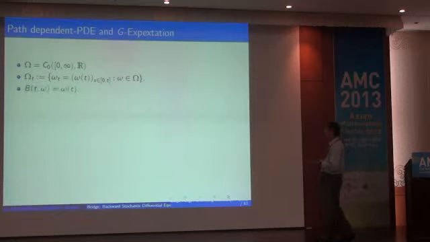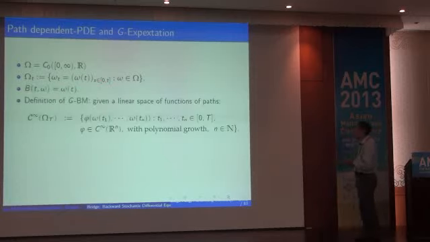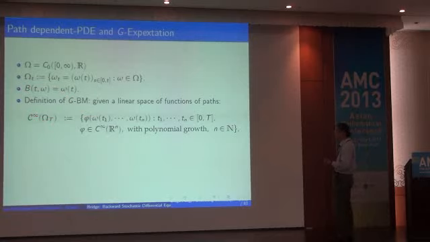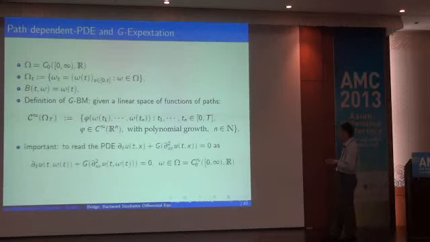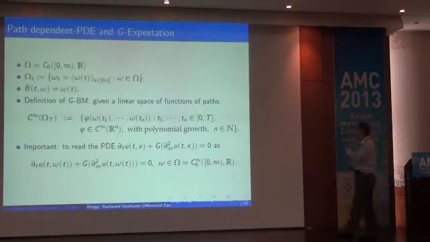We still define the random variables on continuous paths, and then we consider this kind of space, which is our basic space, still defined like this. And then, in fact, what we did in the last slide is to calculate this PDE.